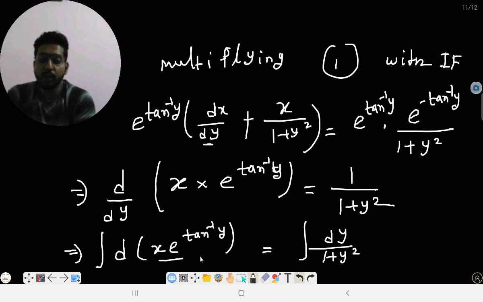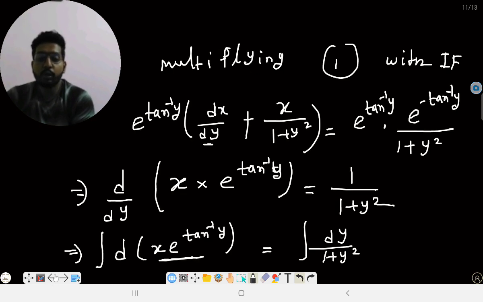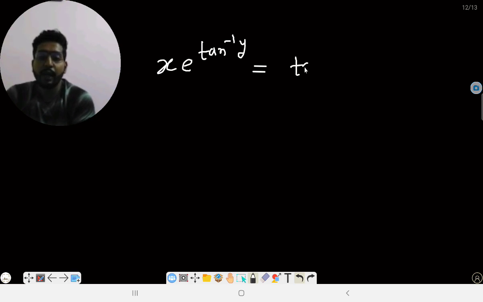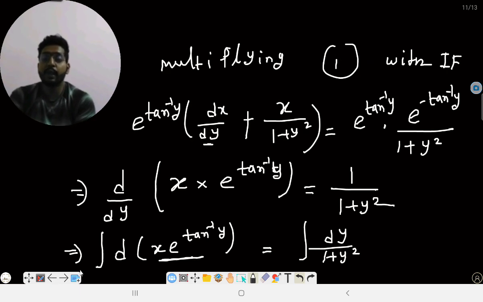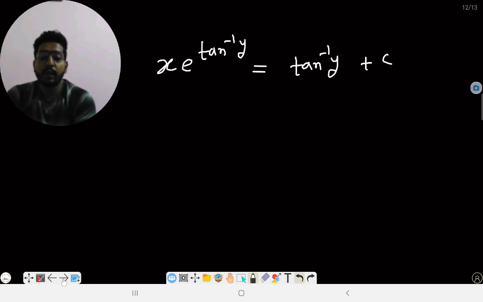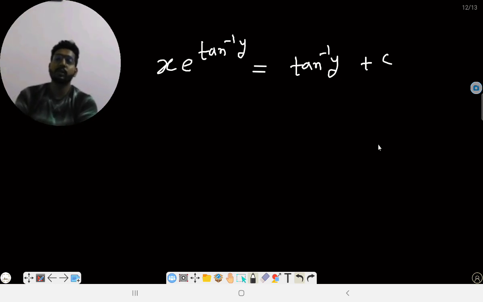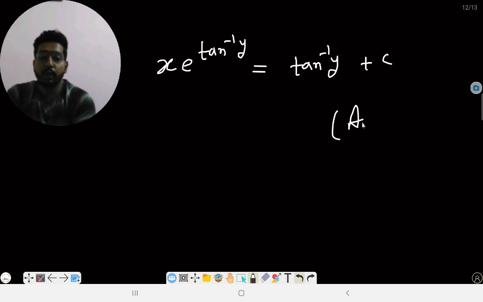Look, this is d of something, so the integration will be this one only, that means x e to the power tan inverse y is the left hand side, equals to, now what will be the right hand side? The integration of 1 by 1 plus y square is tan inverse of y plus c. So that will be the answer.